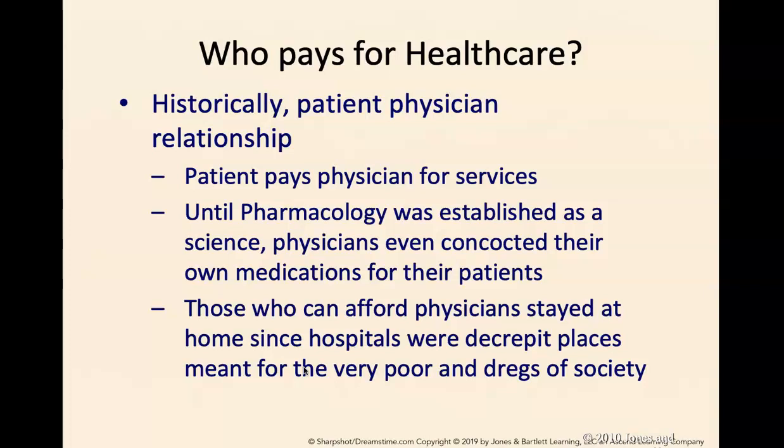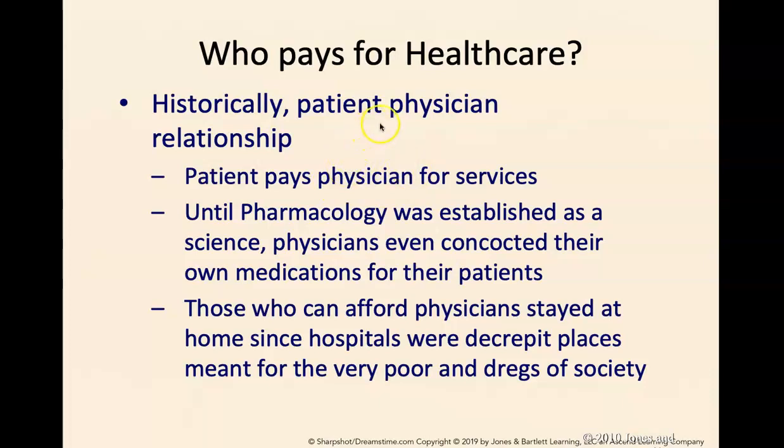So what we need to remember about this arrangement is that there are two parties here, the patient and the physician. The first party is the patient because the patient is the one receiving the care. The physician, who is the provider of care, is then the second party.